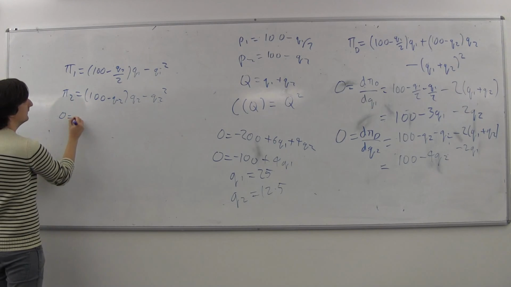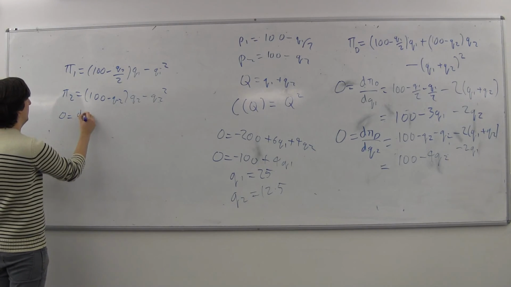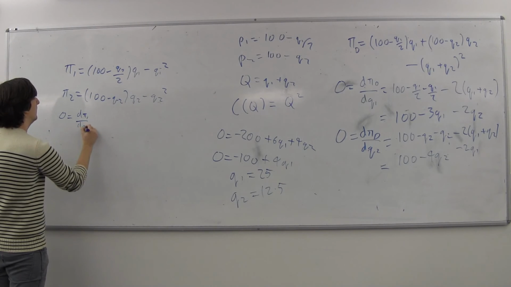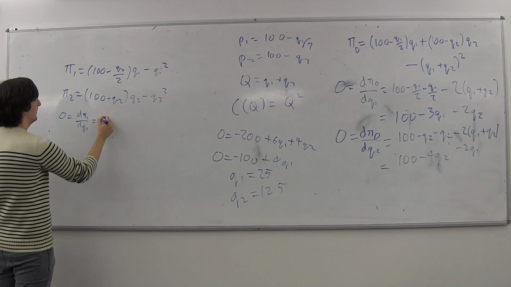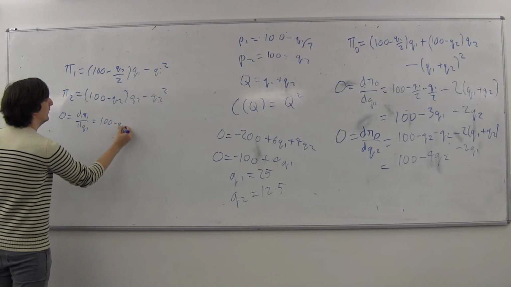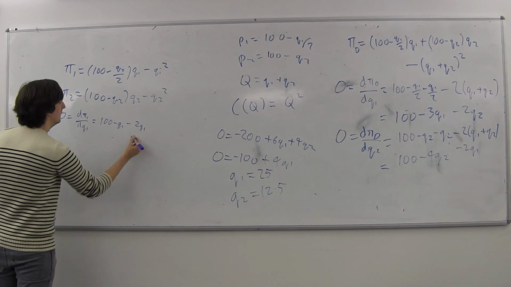Okay, well the first order conditions now, d pi 1 dq1, so this is going to be 100 minus q1 minus 2q1.